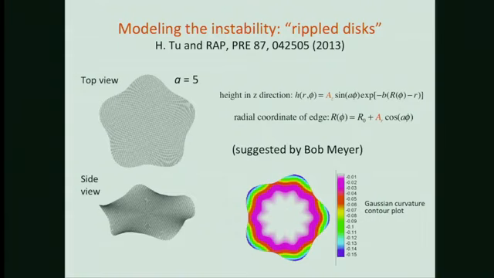And the reason for doing that, why would you even think of doing that, is, again, because of negative Gaussian curvature. These pictures here, the top view and the side view, come from this mathematical model where we've got a radial coordinate at the edge which ripples. Little a is just the number of ripples, so here a is 5.